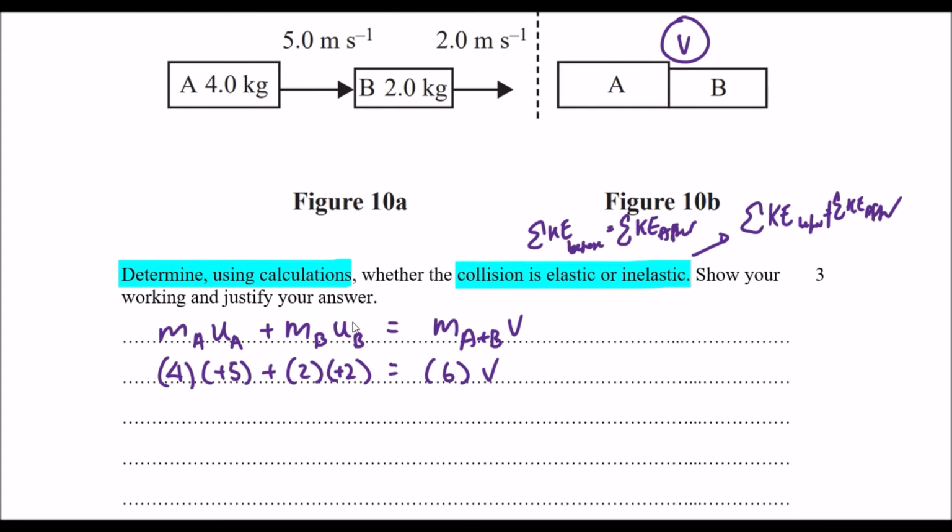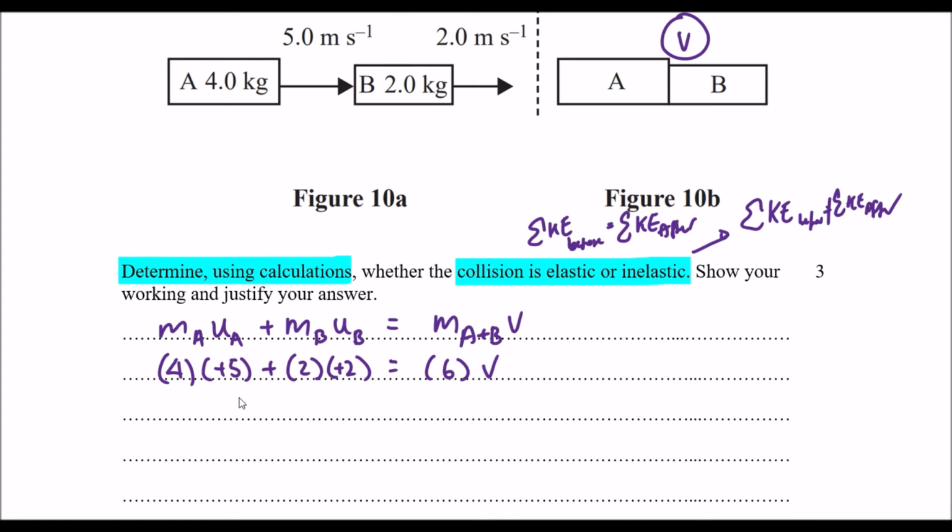If I rearrange the equation, add it all together and then divide by 6, let's see what we get. I have 24 on this side and then 6v, so 24 divided by 6, and the velocity is positive 4 meters per second, which also implies that this object is going to move to the right after collision.